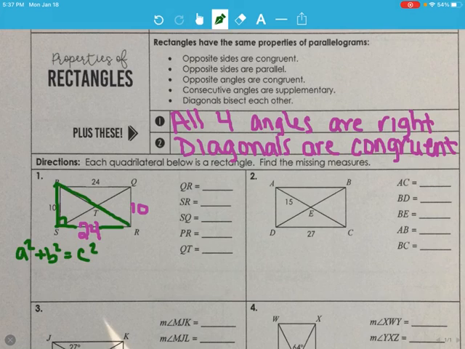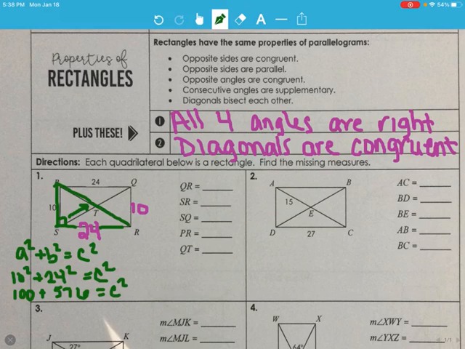So I need to find my c, which I do not know, so I can just leave it as c. So 10 squared plus 24 squared equals c squared. 10 squared is 100. 24 squared is 576. Add those together, you should get 676.